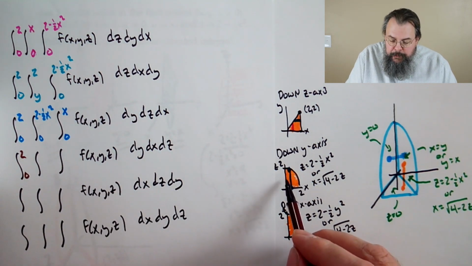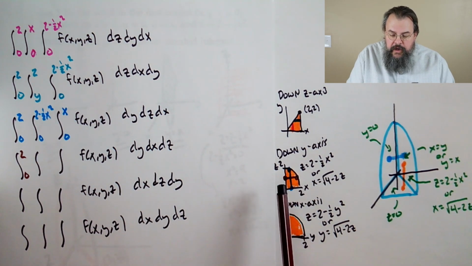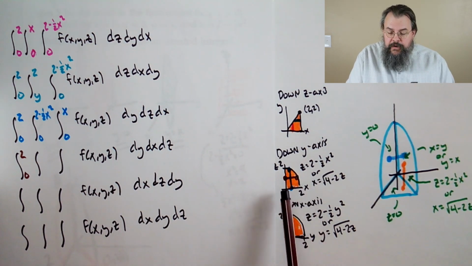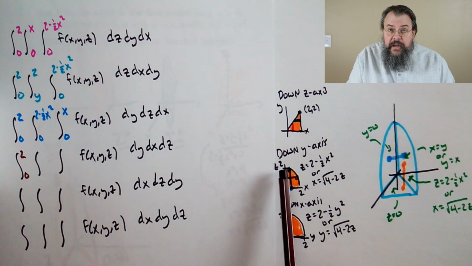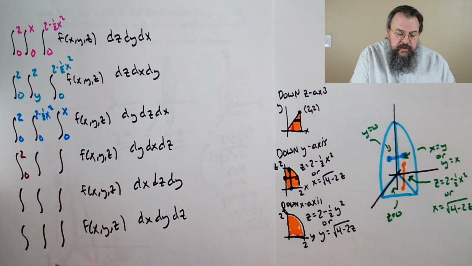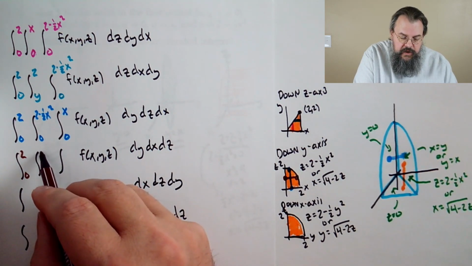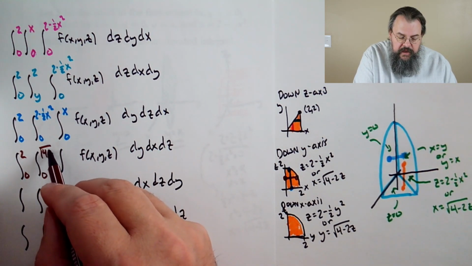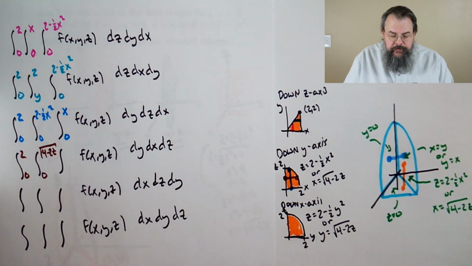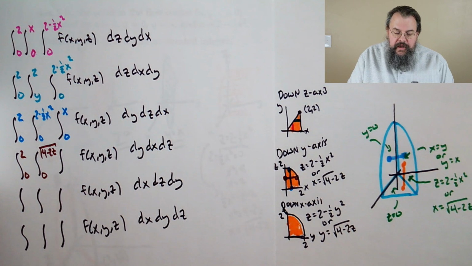Once you have a particular value for z, where does your x go from? Well, we're going to go from x equals 0 over to this curve. So that's x equals 0 to the square root of 4 minus 2z. All right?